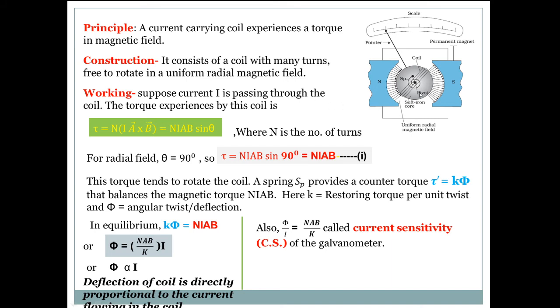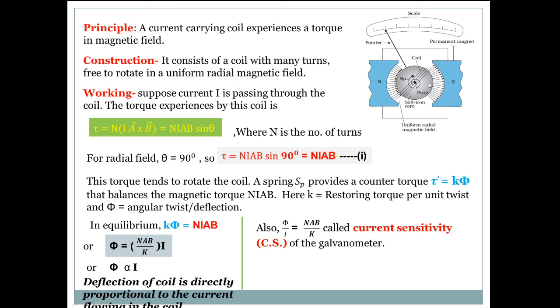Suppose current I is passing through the coil, then the torque experienced by this coil is tau equal to NIAB sin theta, where N is the number of turns. For radial field, theta is equal to 90 degrees, so tau equal to NIAB.